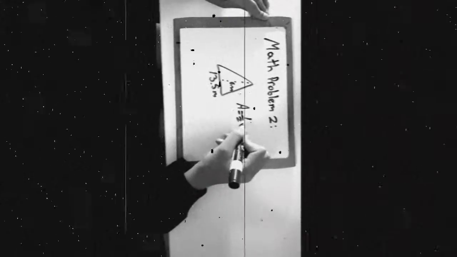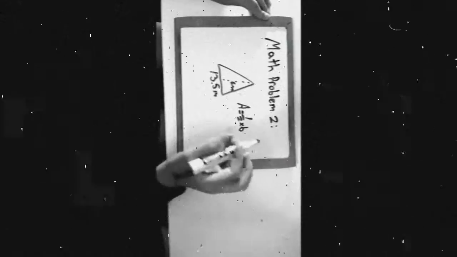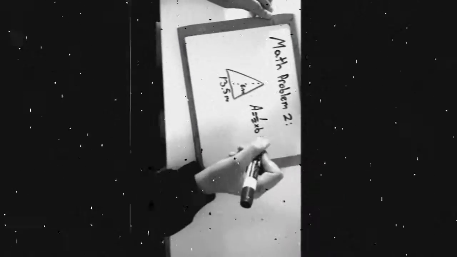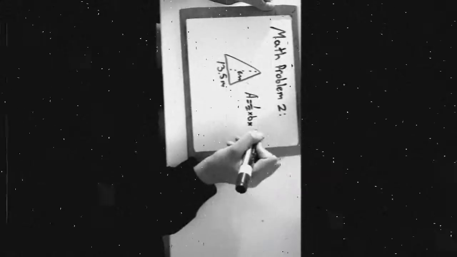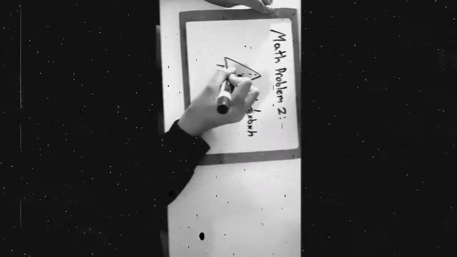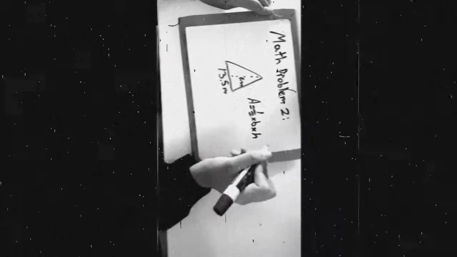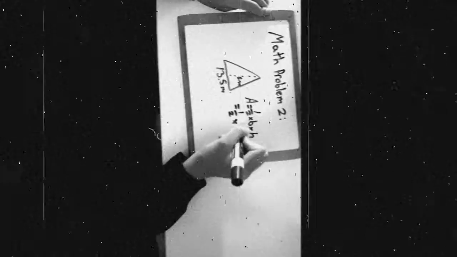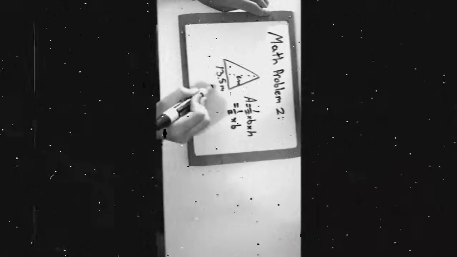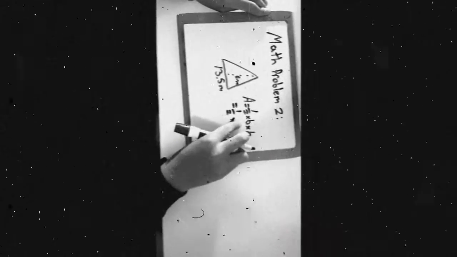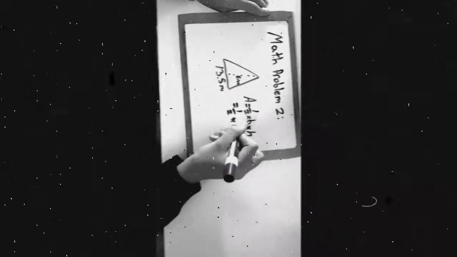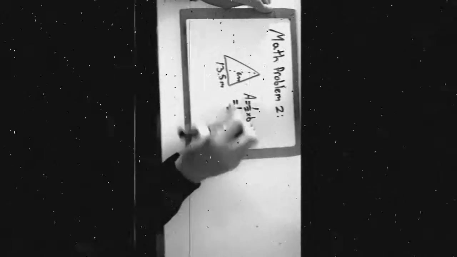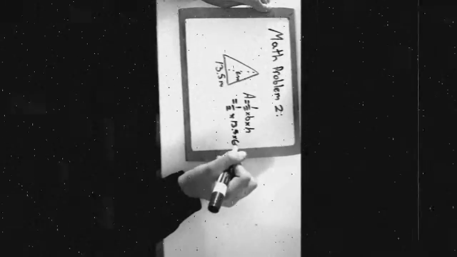Once we do that, we do times breadth, and the breadth is going to be from here to here. Do breadth times height, and the height is going to be from here to here. So we go down and we go half times B, which is going to be 13.5, and then times the height is 6.